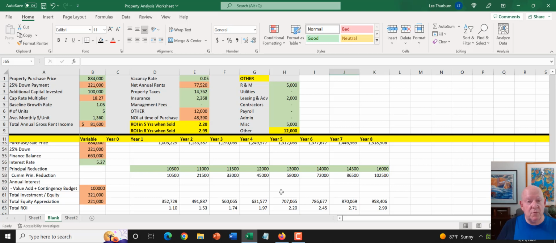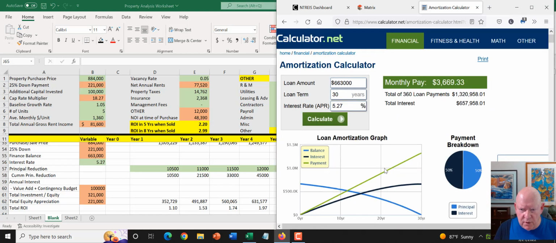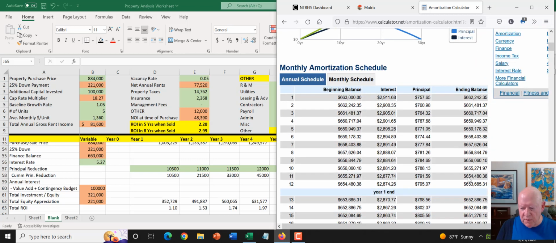All right, so while I was gone, I got a mortgage calculator. I'll show you the calculator that I used, basically calculator.net. I put in our loan amount, our loan term, and our interest rate, and then it gives us either a monthly or an annual amortization. I chose the annual. I looked at the ending balance.